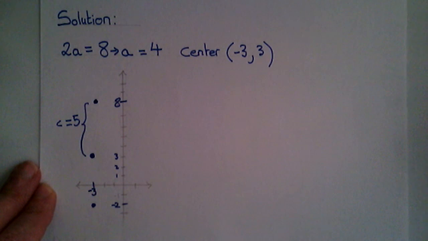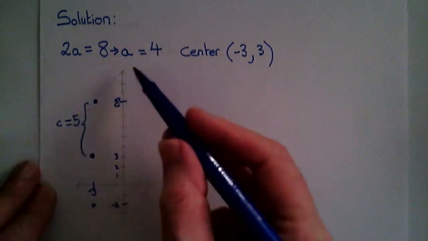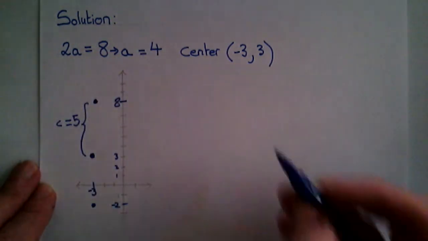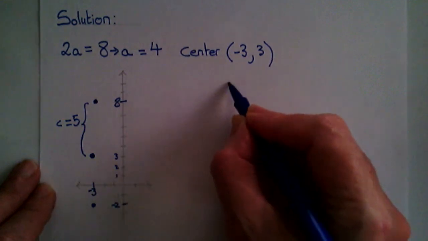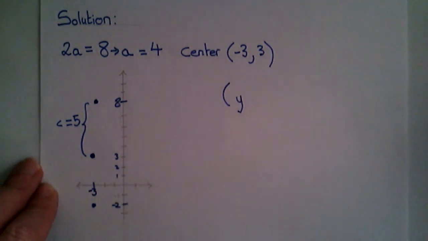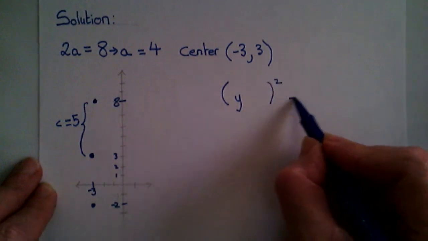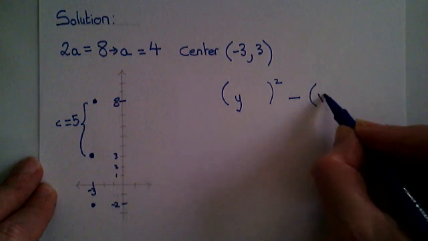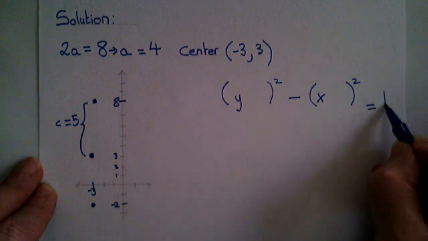Right, so then you say to yourself, if the branches open up and down here, then y squared is first. It's positive. So I've got y squared here minus x squared here equal to 1.